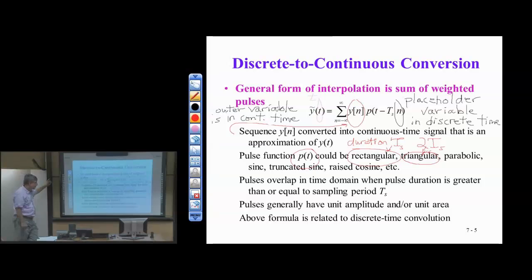The pulse shapes we're using are going to have unit amplitude or unit area. And again, as I pointed out, the above formula is related to discrete time convolution. Again, it's really a mixed signal operation, or mixed signal convolution.